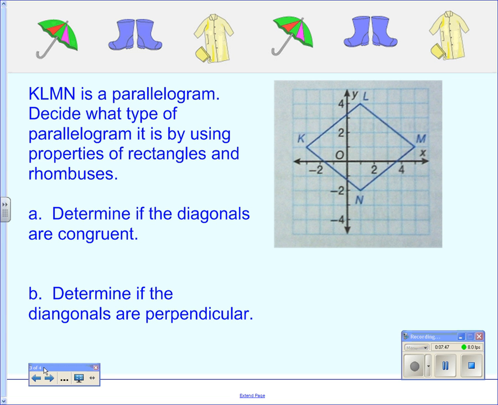So sometimes it'll be neither a rectangle nor a rhombus, but you've got to figure out: are the diagonals congruent, and are the diagonals perpendicular? Are the diagonals congruent?